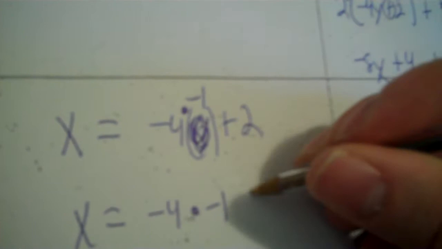Okay, so -1 goes in for y. Put a times dot. So x equals -4 times -1 plus 2. This answer is going to be 6. Okay, so 6, -1.